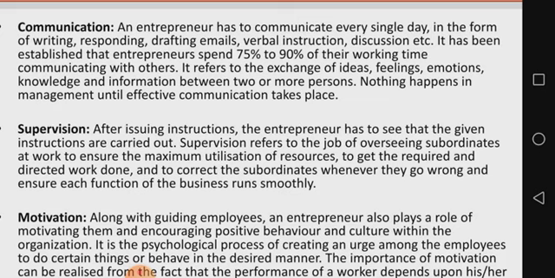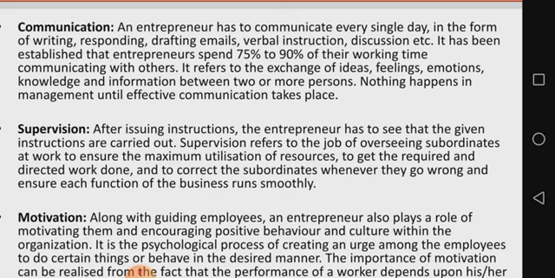So supervision is there. An entrepreneur can do it by himself or herself, or if the business is large or huge, the entrepreneur can hire supervisors. Now these supervisors will be higher in rank than the other workers who execute the work, but these supervisors will supervise whether the task is being done or not.